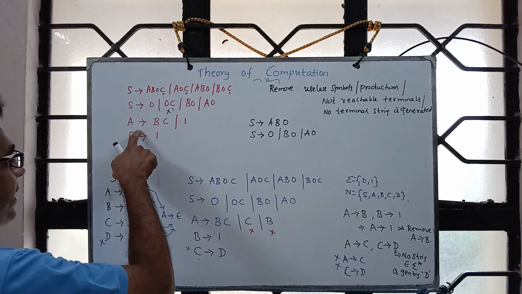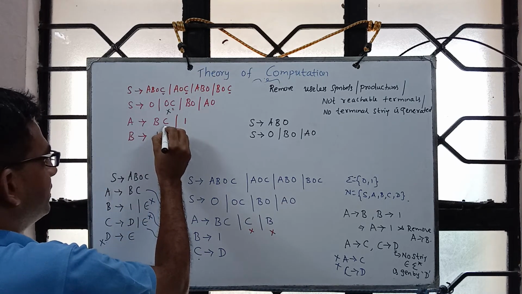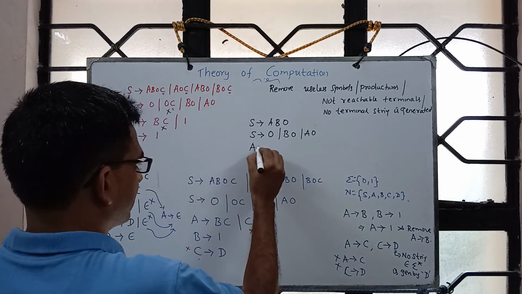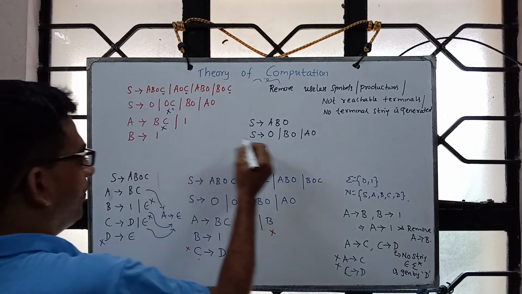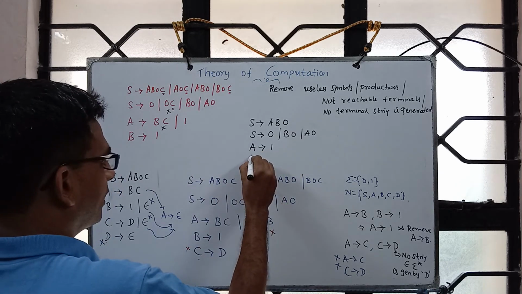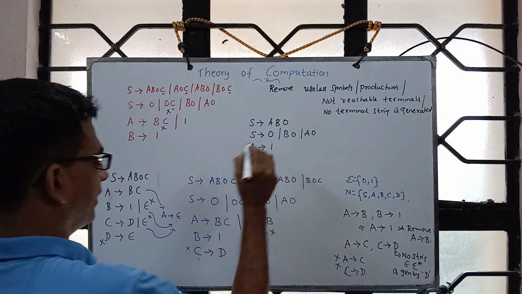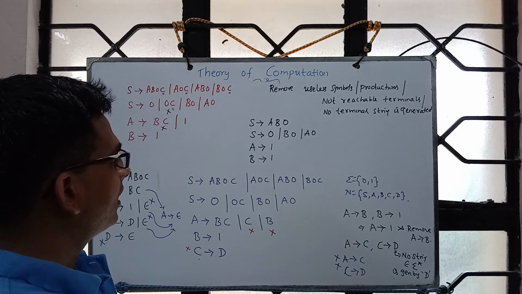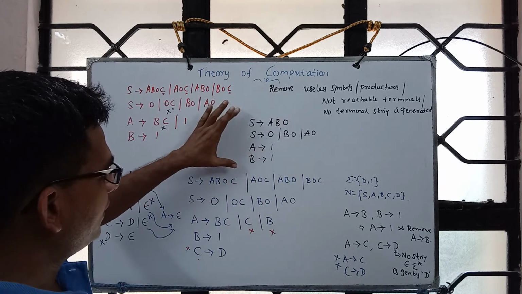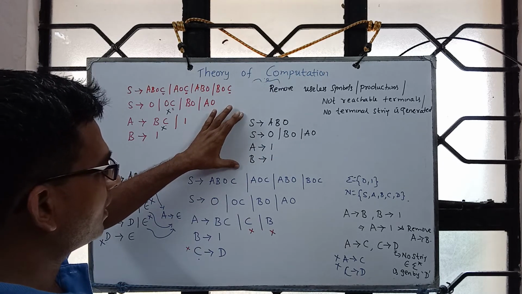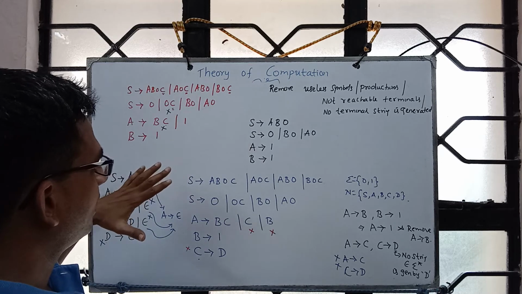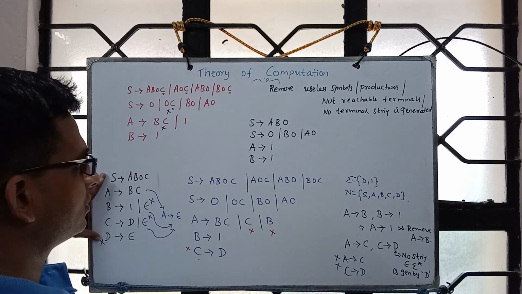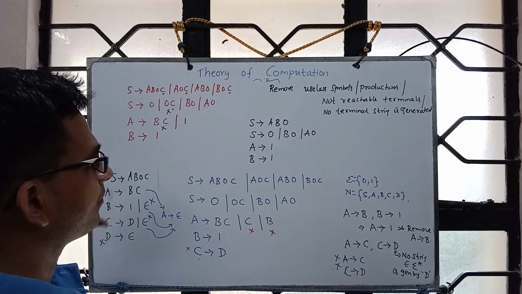Now when we come over here, we see that C is useless, therefore A implies BC is a useless production. A implies 1 is valid, and B implies 1 is valid. So after applying this rule, you see that we get a succinct grammar which is precisely capturing the language captured by this context-free grammar.